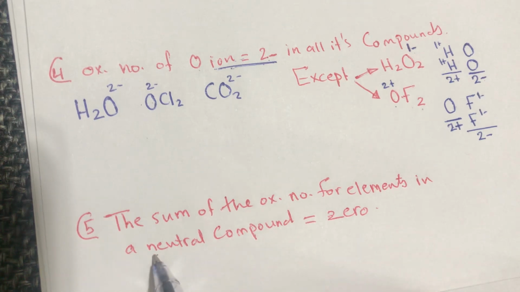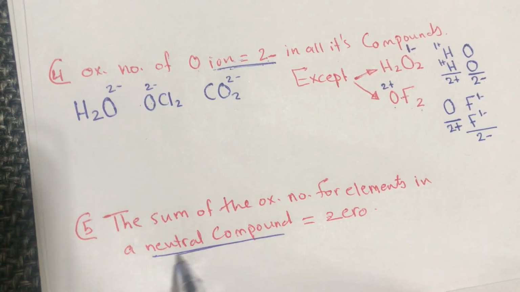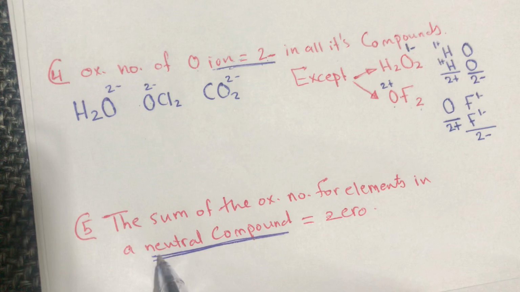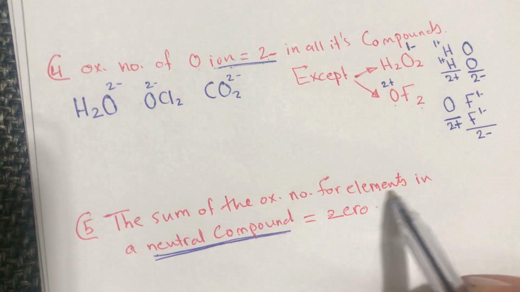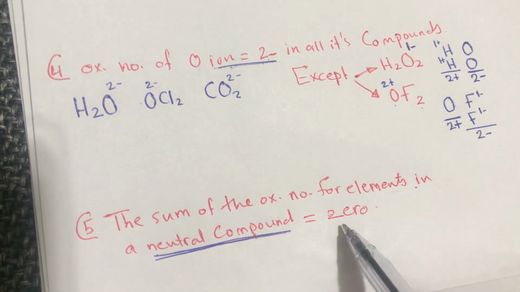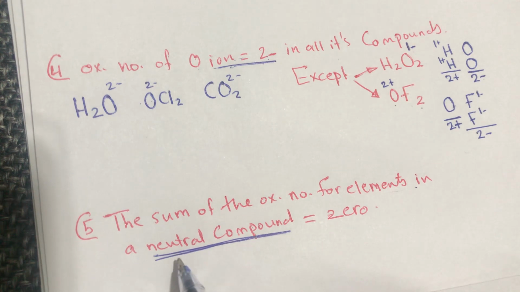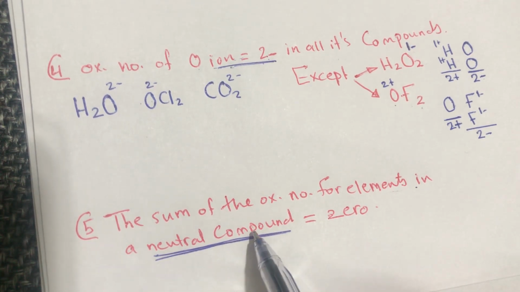So if you have a neutral compound, the sum of the oxidation numbers for all elements in this compound equals 0. Neutral compound means it does not carry charge.